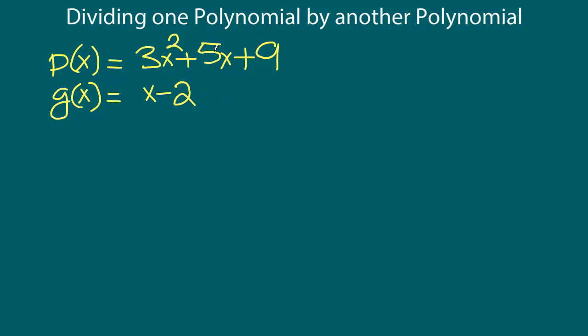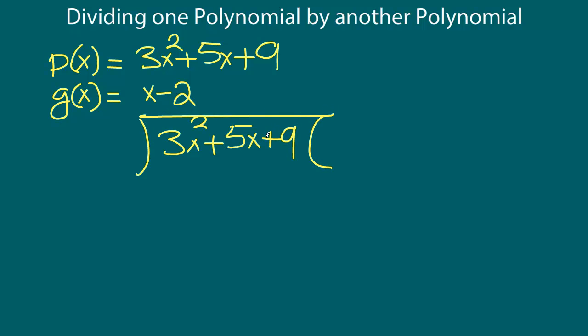So we want to divide this by this polynomial and find out what the quotient and the remainder are. Both of them are already written in standard form, so we will simply write them again. So we have this, this, and this over here. This is our dividend, and this is our divisor.